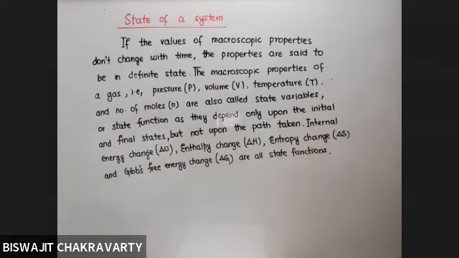That means they depend upon the initial and final states, where from you are starting and where you are ending up. These 2 points are only important. How you are achieving the final point, that is not important. So they are path independent.